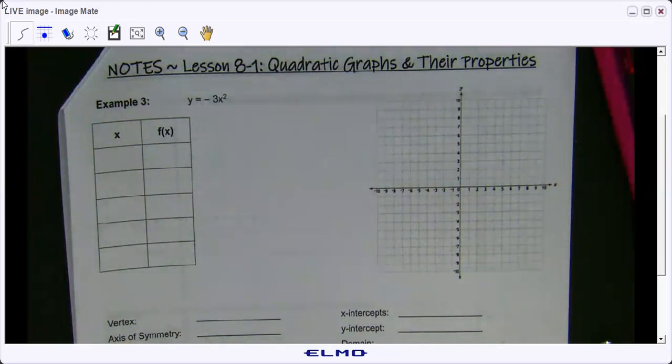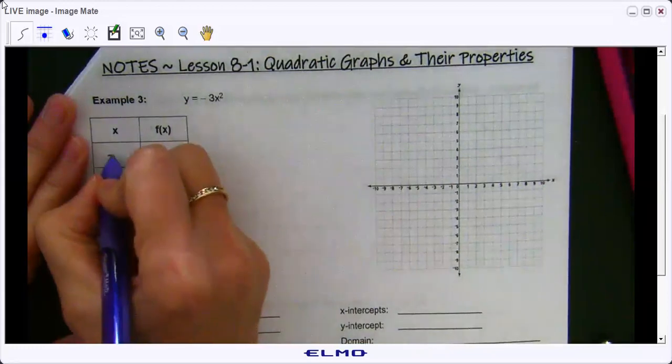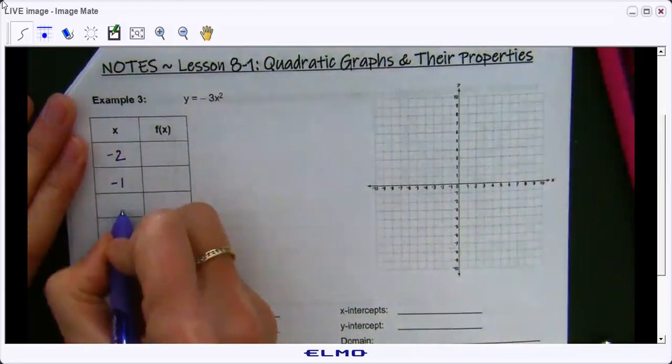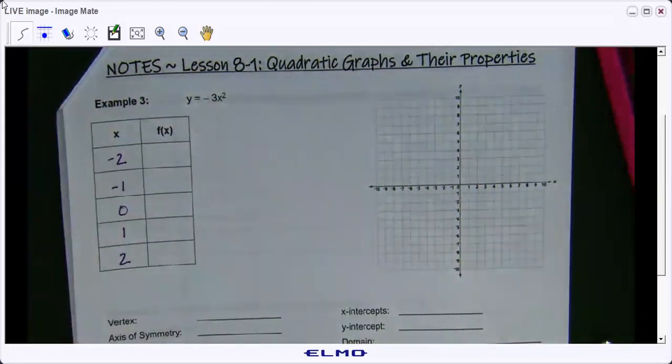So sometimes what we do is we plug in like 0 and -1 and 1 to see where those points lie. And so that's what I'm going to do here. I am going to plug in a -2, a -1, a 0, a 1, and a 2.